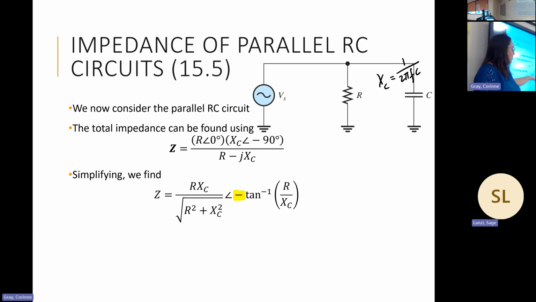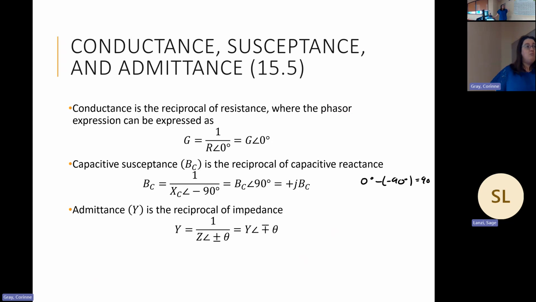And we already have R, so we can directly use this one here. This is perfectly valid to start at this location. This is still technically a relatively simple parallel RC circuit. If you want to find the admittance, you can do it that way. You'll probably want to do it in polar before you try to convert it into the Z value.